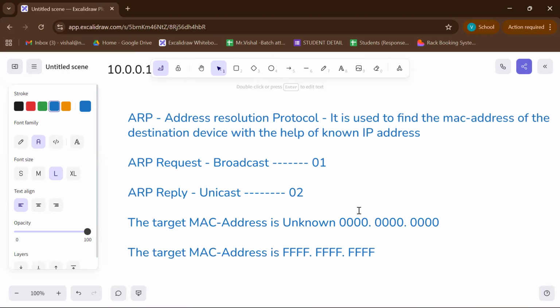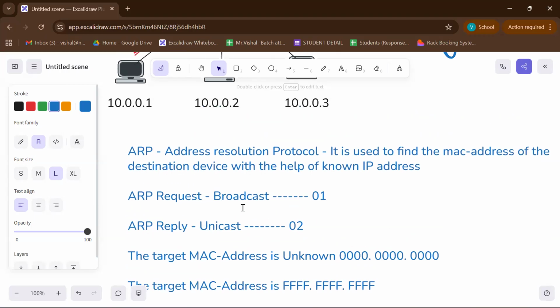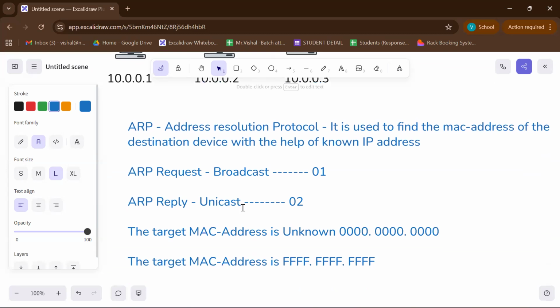Do you know this? What is the reason for asking for the MAC address information? Because the ARP request is in broadcast form, because it is saying I don't know that, so it is asking everyone. This information is present, and even this information is present. The target MAC address is unknown, and somewhere you will find the target MAC address is all F. So my question is, where do you find the target MAC address is unknown, and where do you find the target MAC address is all F?